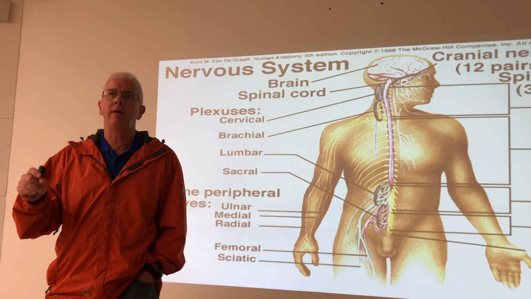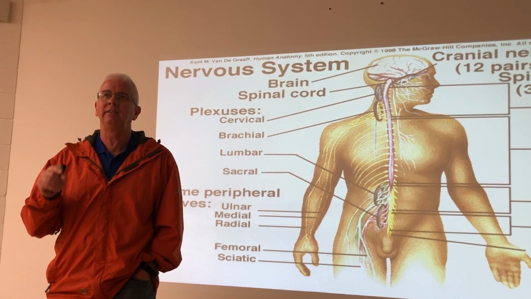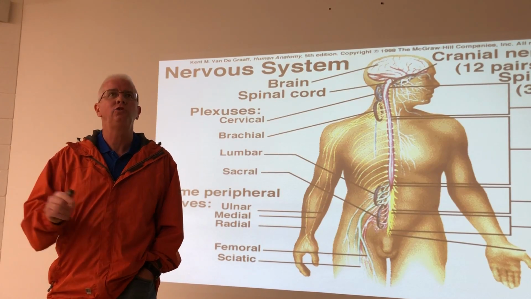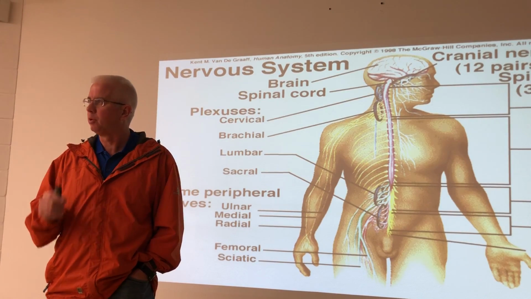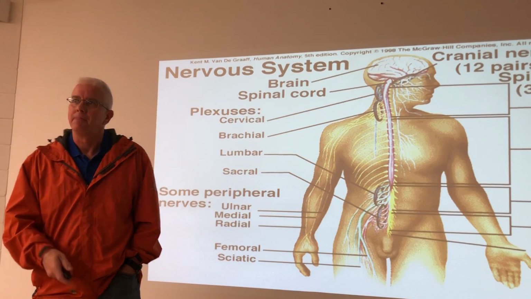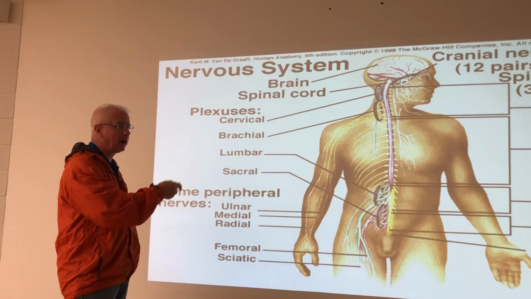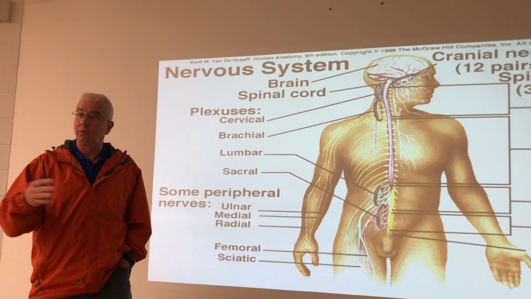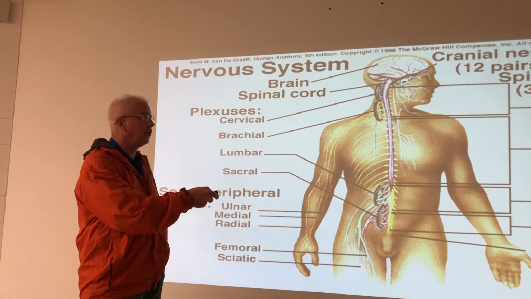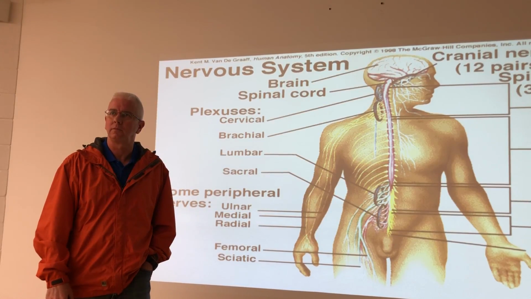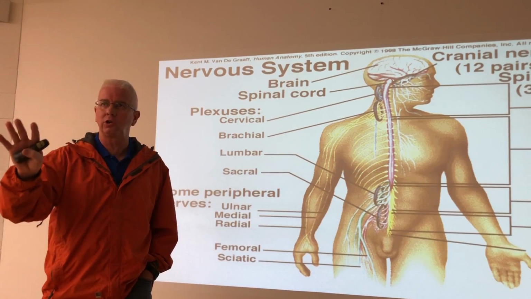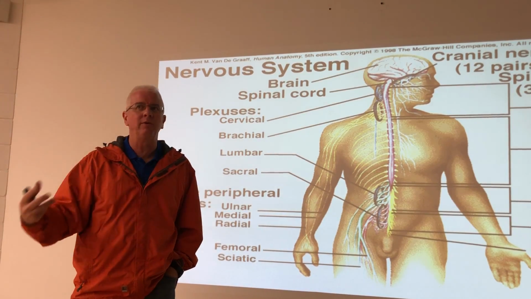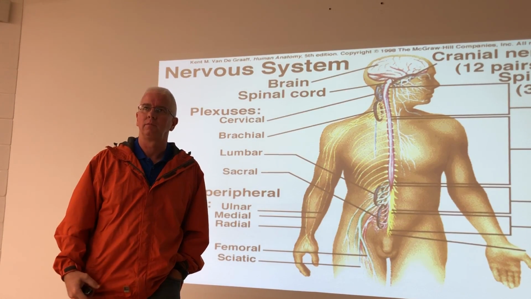If I describe the nervous system anatomically, I say that it has 2 major divisions, a central nervous system and a peripheral nervous system. The central nervous system is the brain and spinal cord. The peripheral nervous system are the cranial and spinal nerves. So we divide the nervous system up structurally into the central and peripheral components.